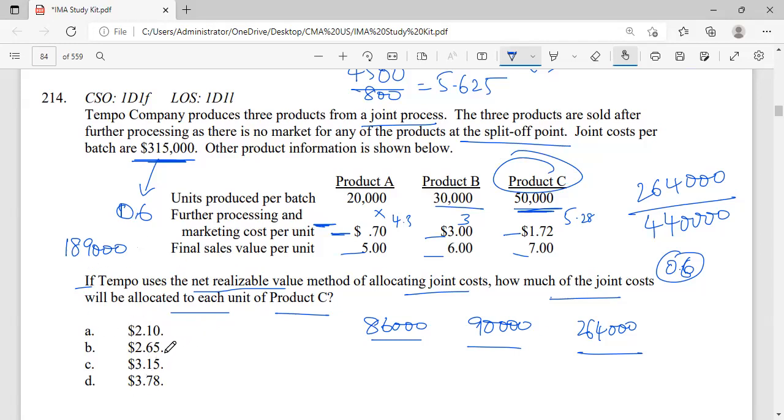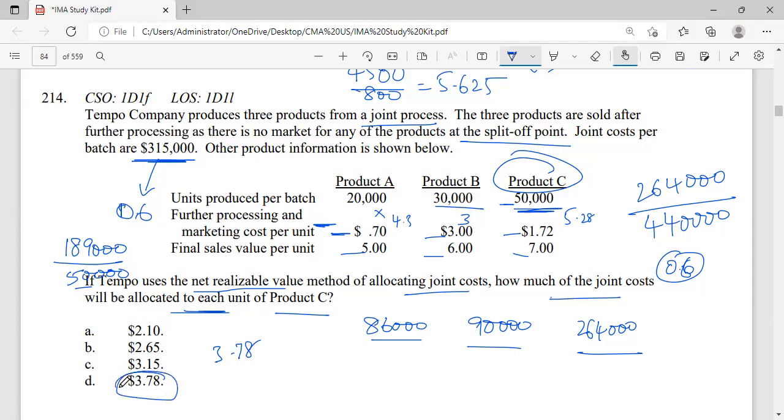But the question is, how much is to be allocated to each unit of product C? So how many units of product C do we have? 50,000. So 189,000 divided by 50,000 is equal to 3.78. And we have an answer.